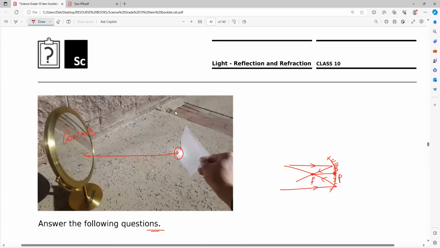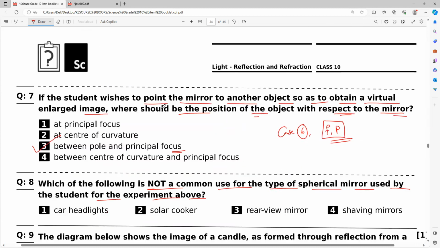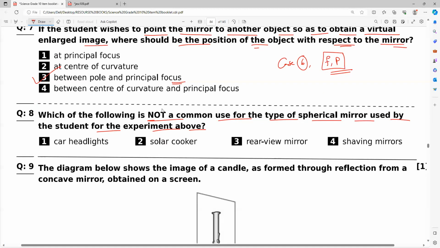So concave mirror cannot be used as what? Car headlights, yes, we are using concave mirrors because they have to focus all the light. The bulb will be at the focus so they produce parallel light.